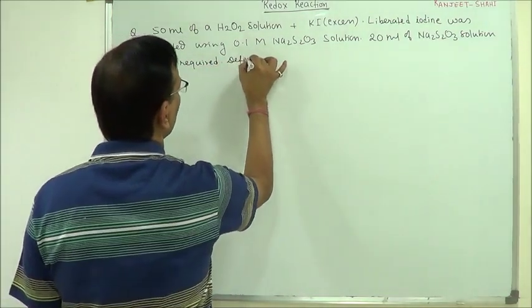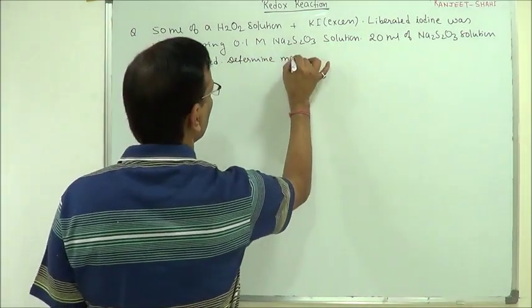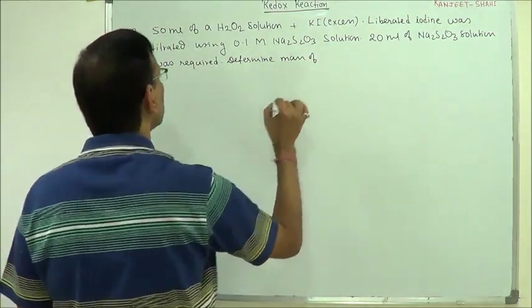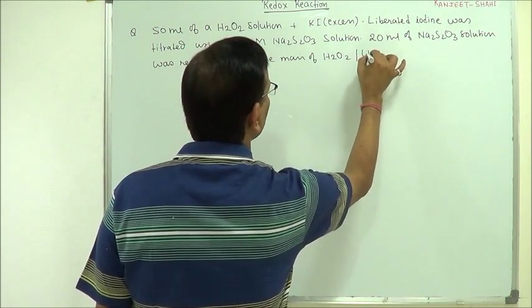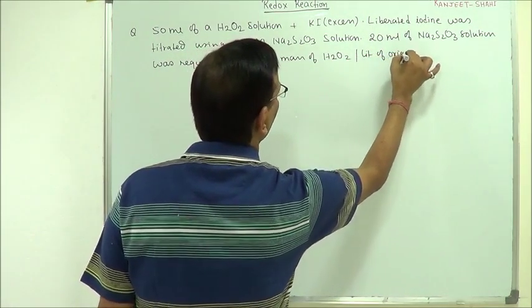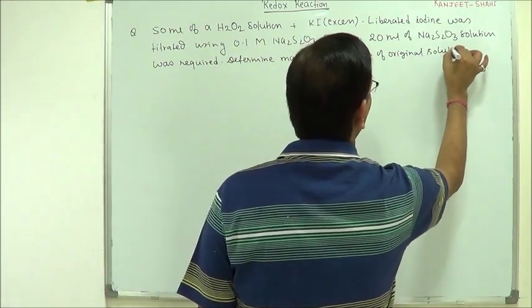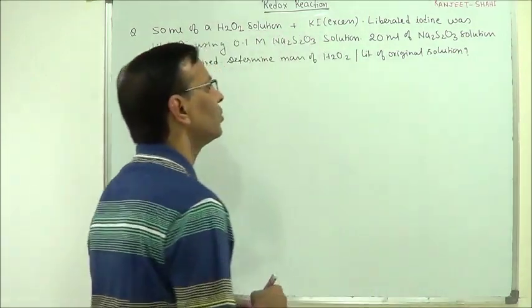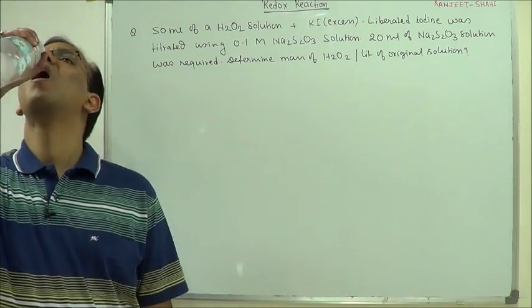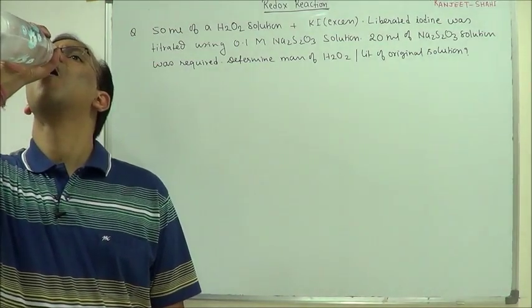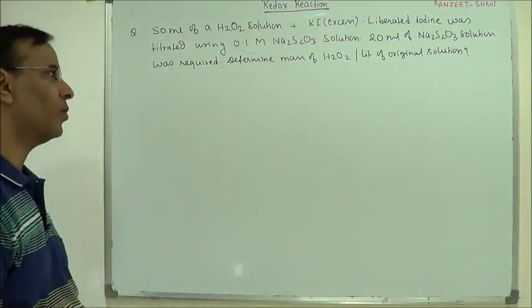Determine the mass of H2O2 per liter of original solution. Mass of H2O2 present in 1 liter of original solution.